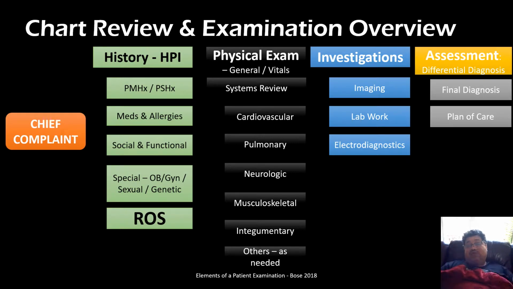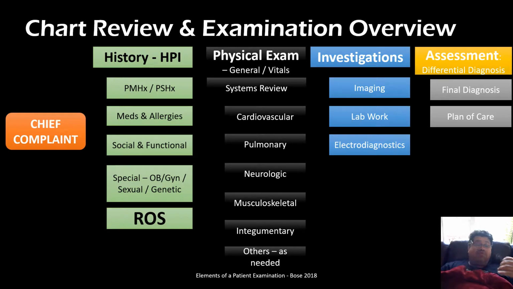A final diagnosis is coming to terms with the understanding that the most likely source of the problem is somewhere within this system. And finally, we write a plan of care based on all of these things that you just reviewed. So that's a total overview of the history and physical.